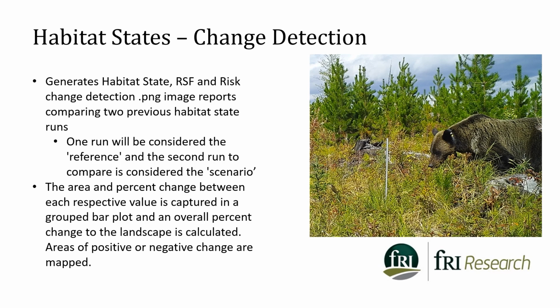One run will be considered the reference run, and the second run to compare is considered the scenario run. The area and percentage change between each respective value is captured in a grouped bar plot, and an overall percent change to the landscape is calculated. Areas of positive or negative change are then mapped in a spatial layer.